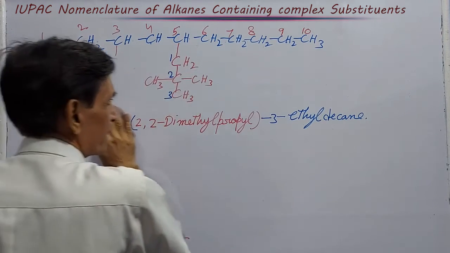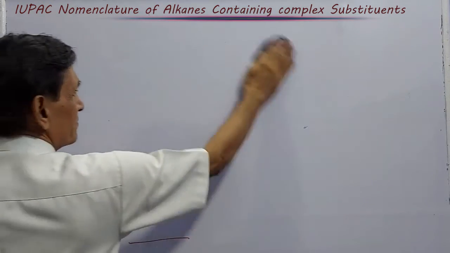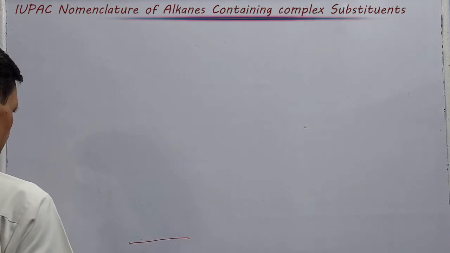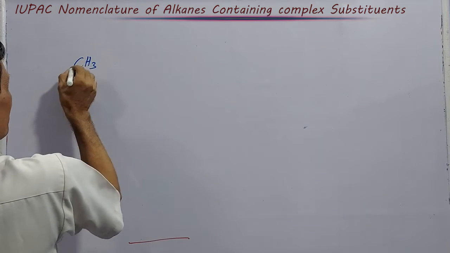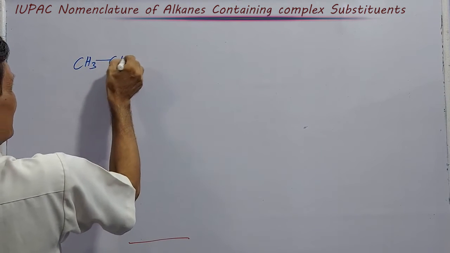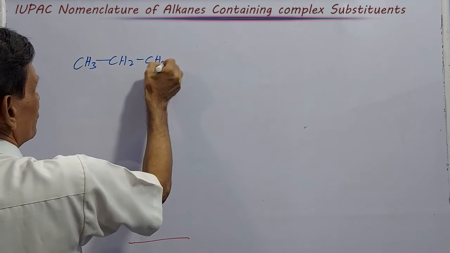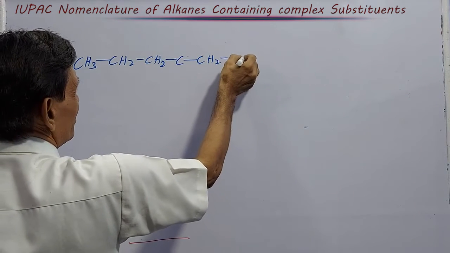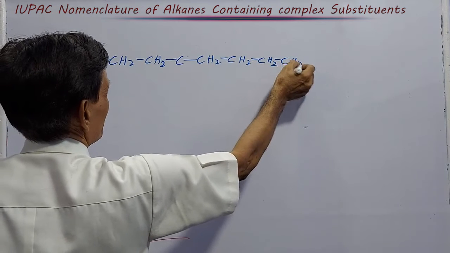I am writing another example now. CH3, CH2, CH2, C, CH2, CH2, CH3. Suppose this is a carbon.